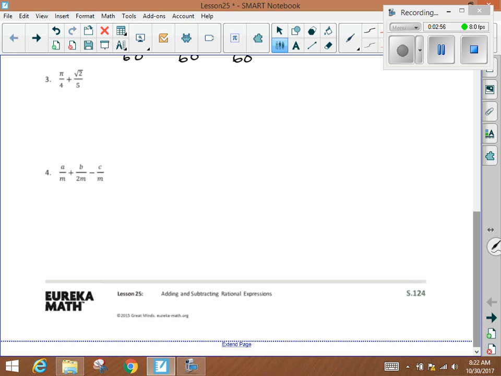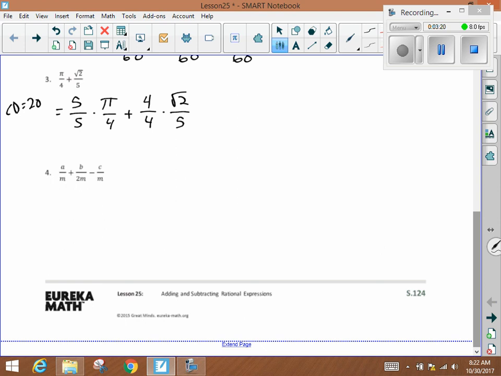So our common denominator for this one is 20. So in order to get that, what I have to do is I have to multiply pi over 4 by 5 over 5. And this one I'll have to multiply times 4 over 4, right? So that we can get that common denominator. That's over 5.